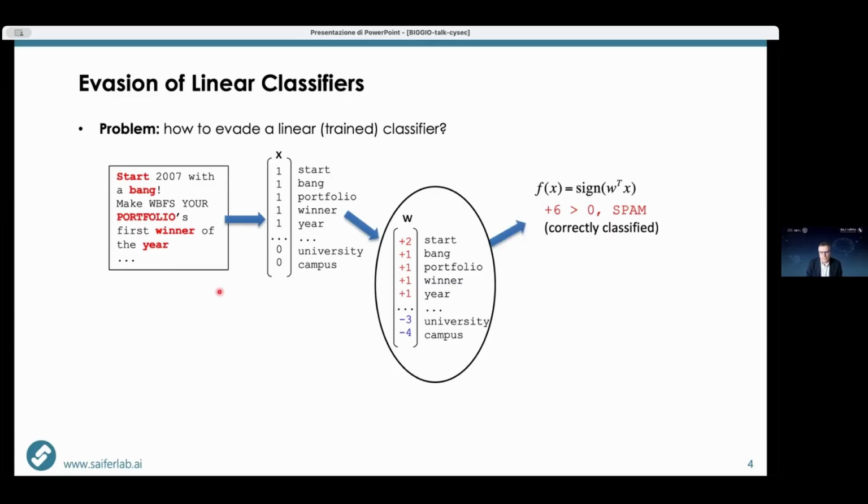Like in most of the cases for anti-spam filters, you had linear models, and these were used to separate legitimate and spam emails. So in this case, if you look at the content of the email, which is this text is what the model is processing, essentially it's very clear if you know the weights of the model and how the model is trained. Basically, it's easy to understand how to fool it.